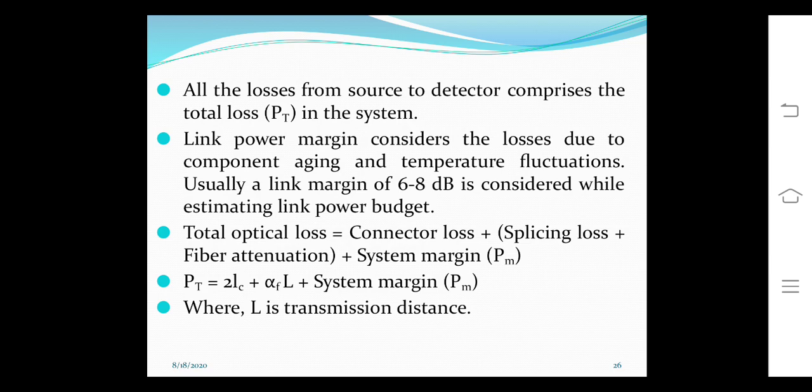The total optical loss is equal to connector loss plus splicing loss plus fiber attenuation plus the system margin, which is denoted by Pm.